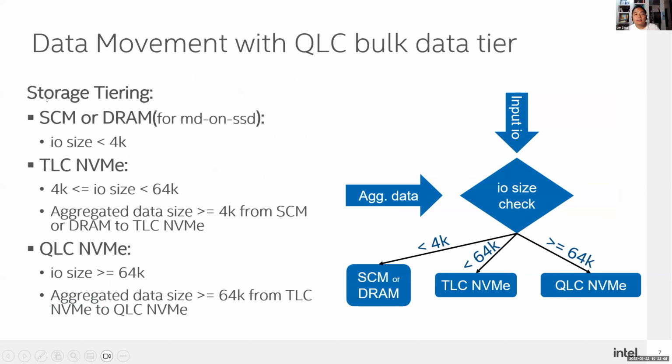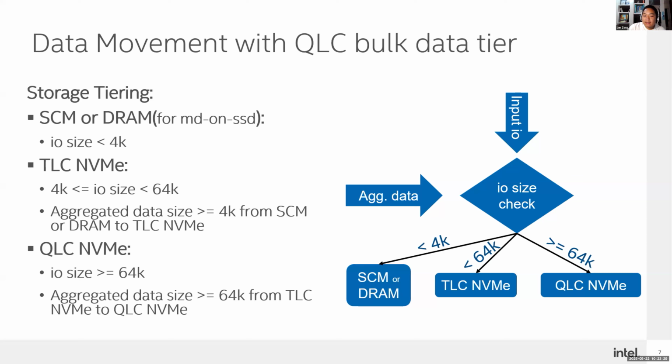Then I want to explain the data movement more for the case when we add QLC. When the data comes from the client side, we will judge the size of the I/O.